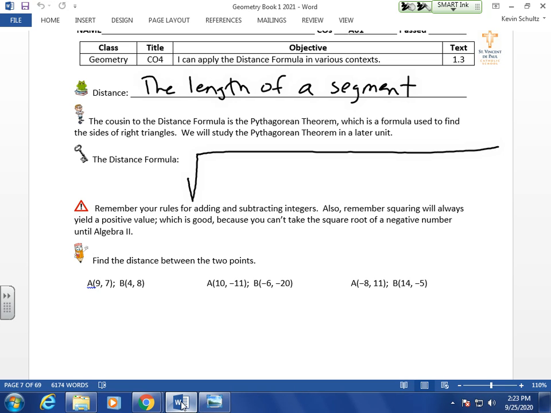And the formula looks like this. It is the difference of your x values. So x1 minus x2. That difference is squared. And then we're adding to that y1 minus y2, the difference of your y values, squared.